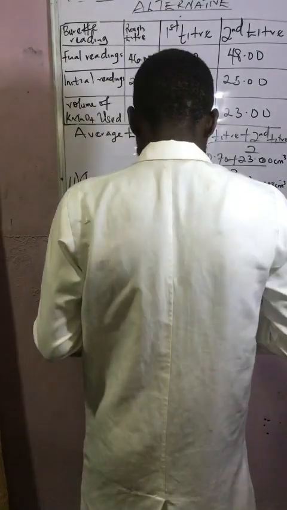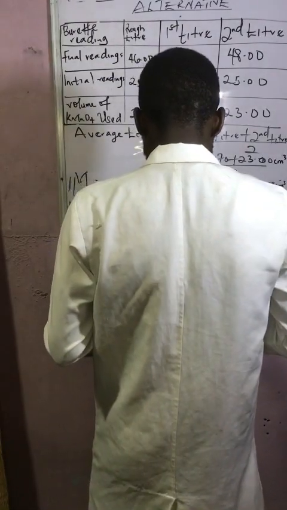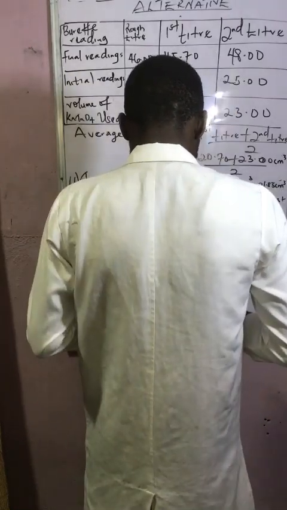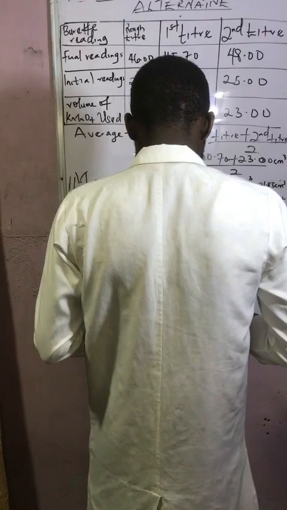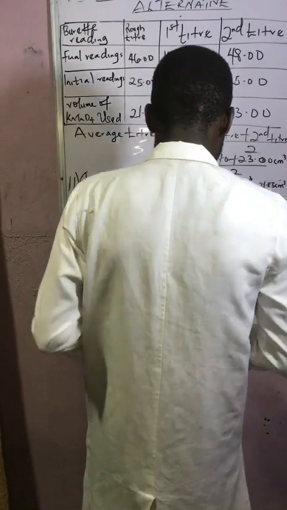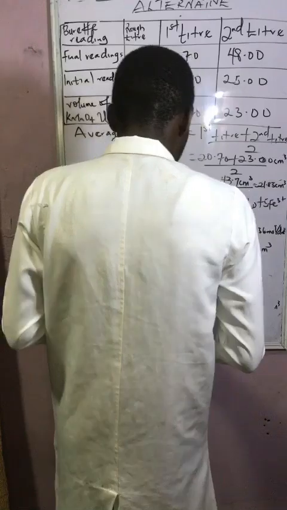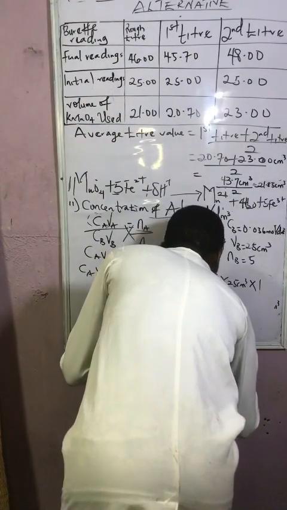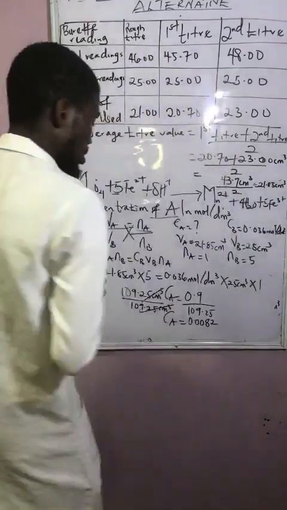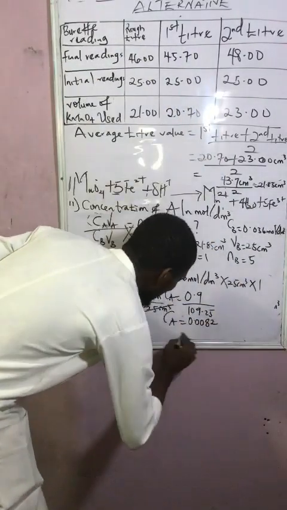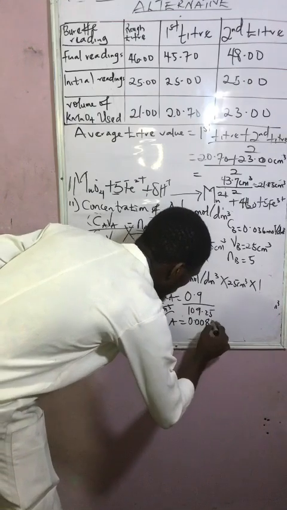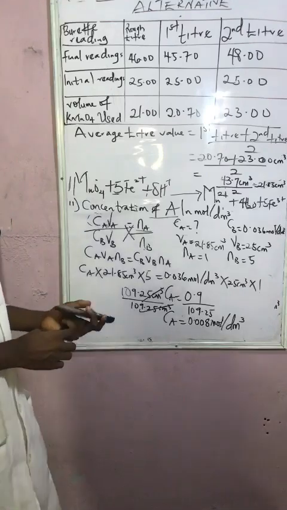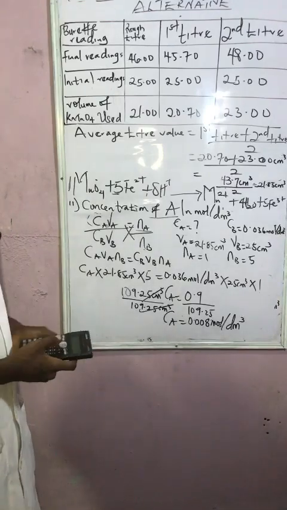So our value is 0.008, but I will say the best answer you can have here is 0.008 mole per dm cube. So exactly now, you can see how easy it is to solve.